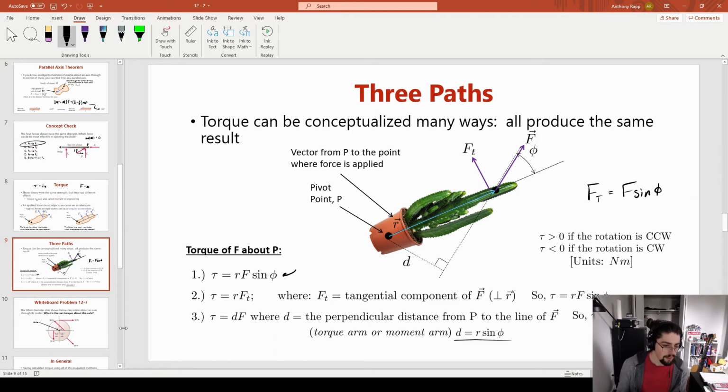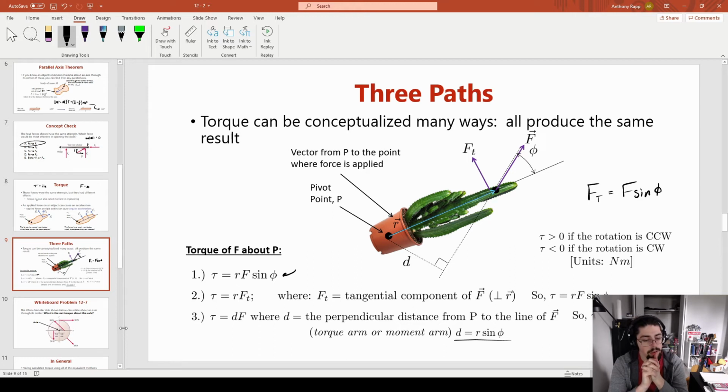What do you think that implies? Where is the direction actually pointing of torque? Does anybody have a good idea? Use some of our context clues. If I have a torque acting just like this on my cactus, what direction does the torque point?